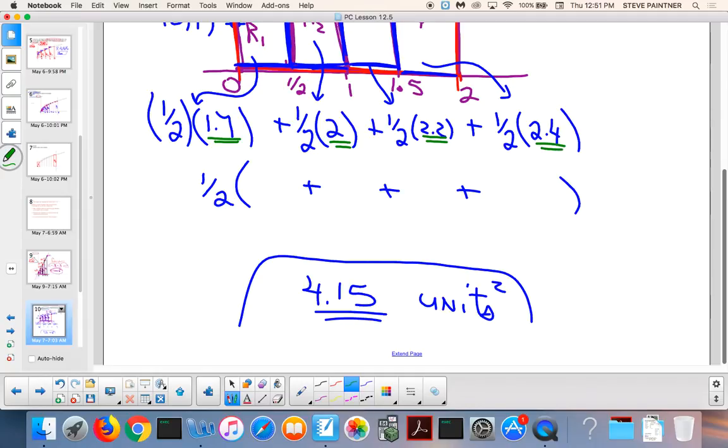Get an answer. Oh, it's supposed to be 8.3. And then you take half of 8.3 to get that. You can speed yourself up a little bit. If you have a common factor, take it out. You will have a common factor, because the width will never change, right? Okay. All good?